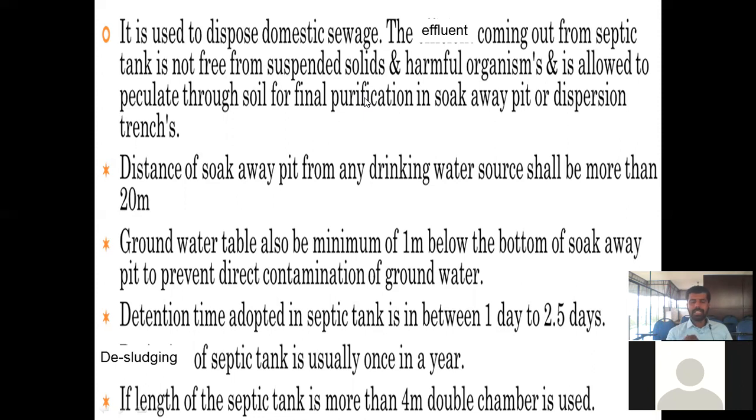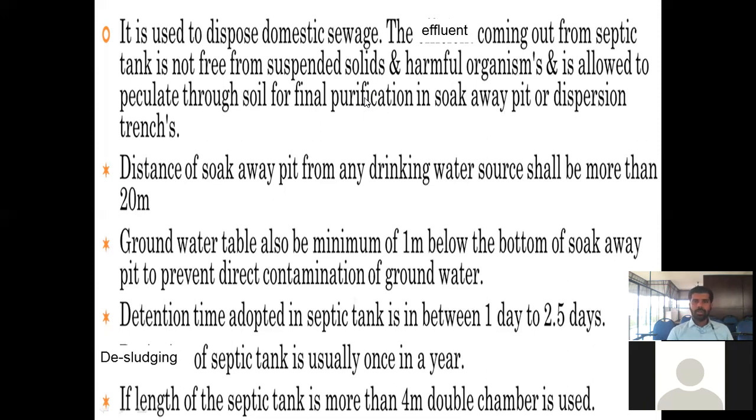All other water, the water from the wash basins, kitchens, all those will be collected in the wastewater pit only. So the septic tank is a tank used to store soil waste, or solid waste, coming out from the water closet.